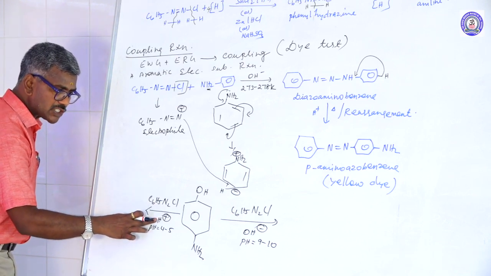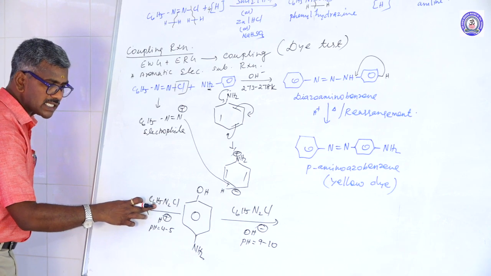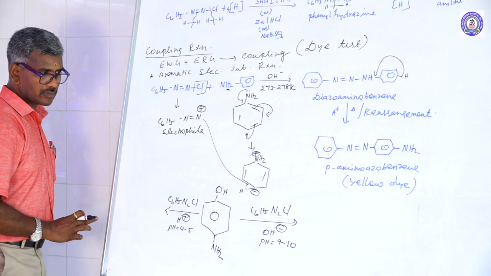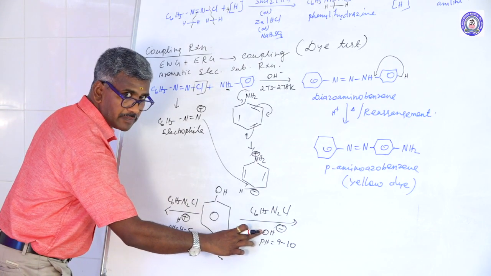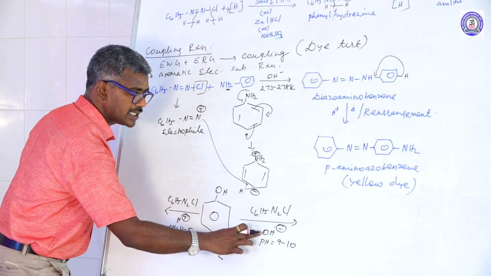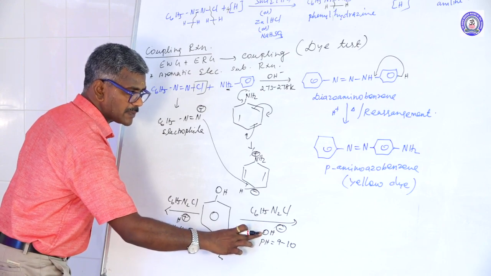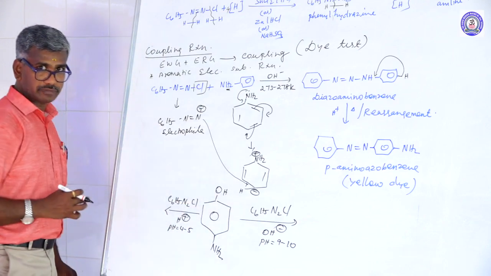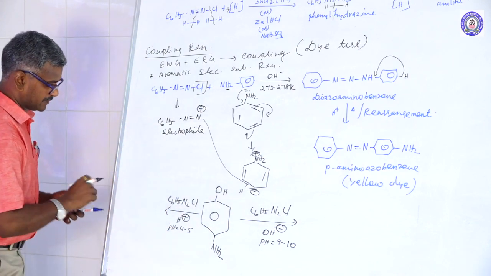In the presence of acidic medium, the diazonium group is coupled with the ortho position of the NH2 group. In the presence of alkaline medium, the coupling reaction takes place with the diazonium group coupled with the ortho position of the OH group. These are two different products.